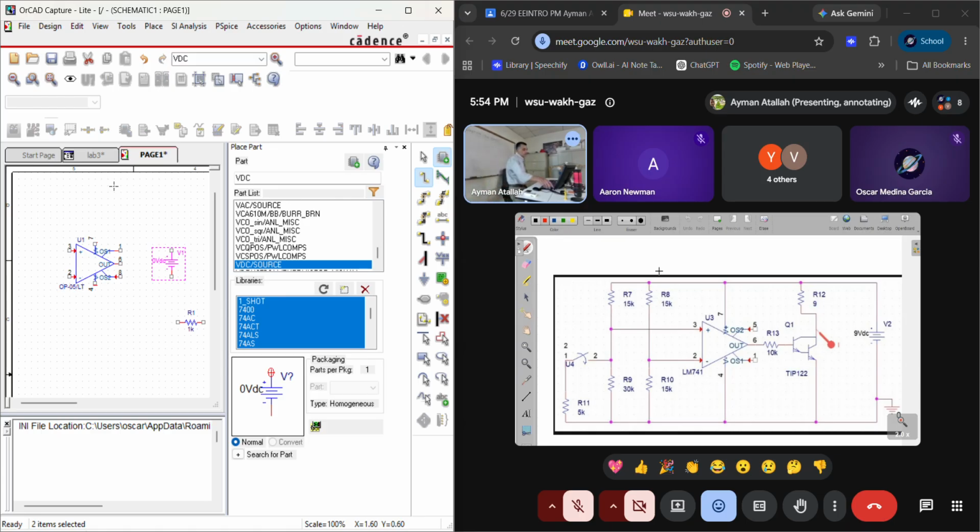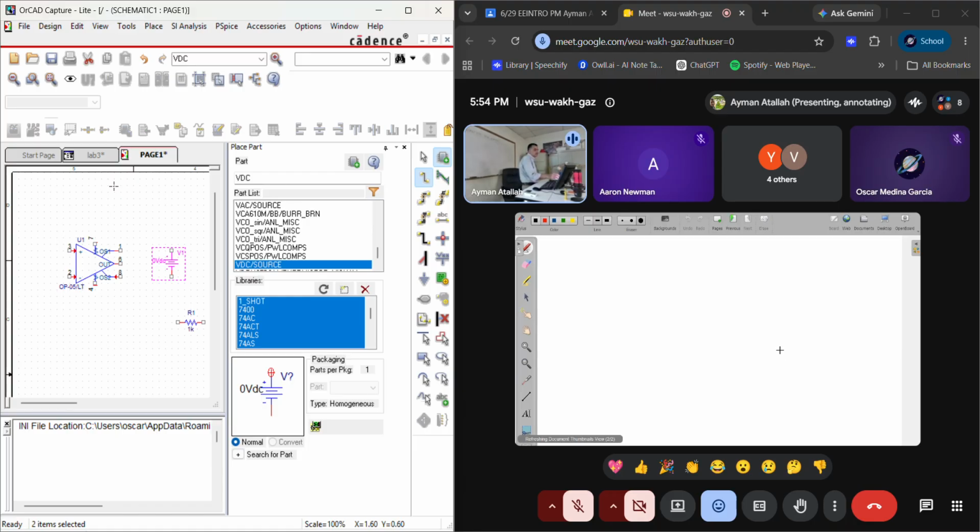So the motor needs high current. What I'm going to do is connect the motor to the power supply, and connect a transistor here. The transistor has to be a power transistor because one ampere will pass through it.